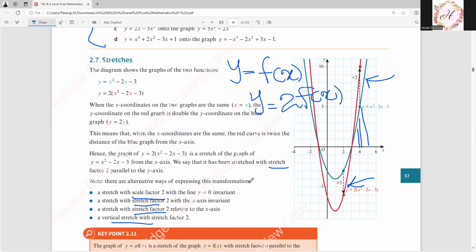That's what it says: a stretch with scale factor 2 with the line y = 0 invariant. Here the x values are not changing, that means the x values are invariant. And y = 0 means the x-axis.